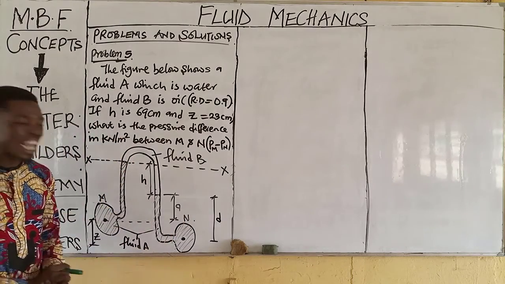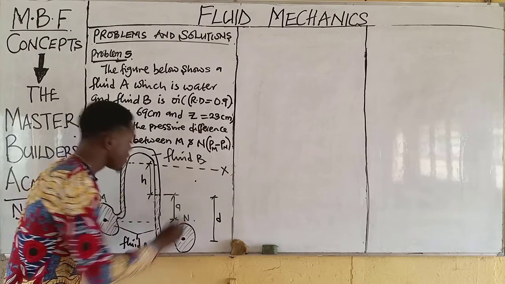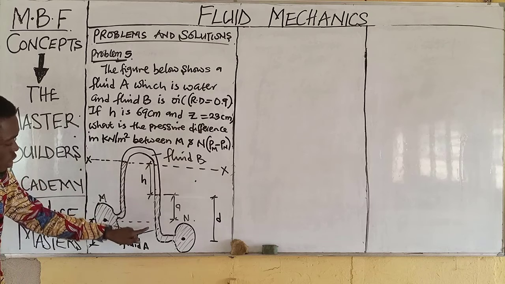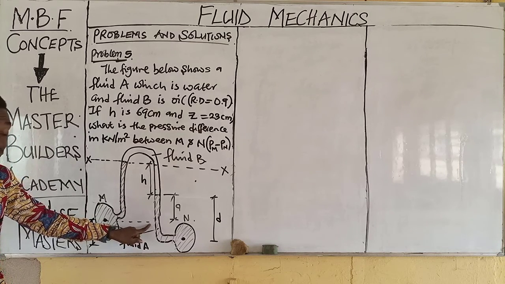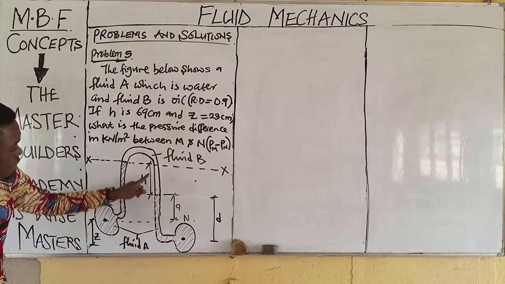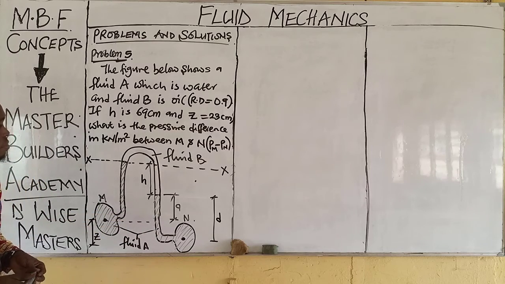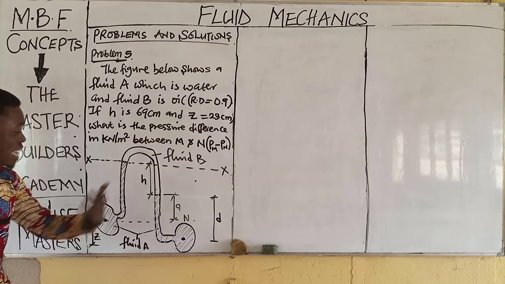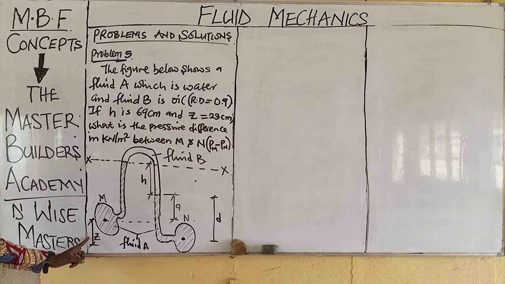We want to deduce a mathematical model from this question, and how do we go about this? First is to understand that from this end to this end is H plus A. And also, we need to know that from this end to this end would be H plus A plus Z. We're told that H is equal to 69, while Z is equal to 23.